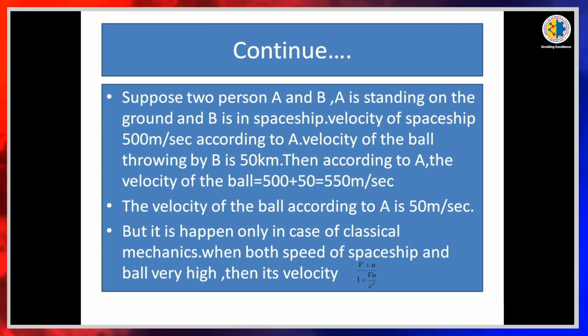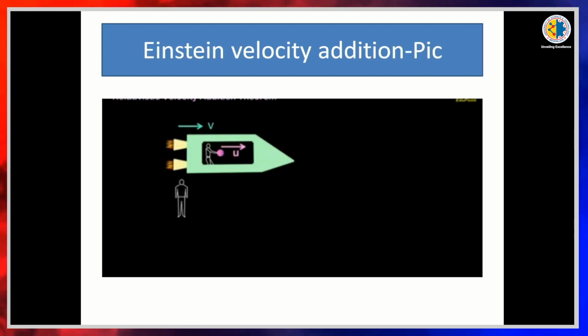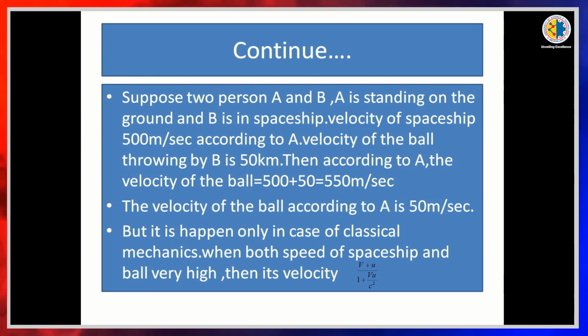According to A, the velocity of the ball thrown by B is 50 meter per second. Then according to A, the velocity of the ball is 500 plus 50, so total 550 meter per second. The velocity of the spaceship is 500 meter per second and the ball velocity is 50 meter per second, but according to the person on the earth, the ball velocity is 550 meter per second.